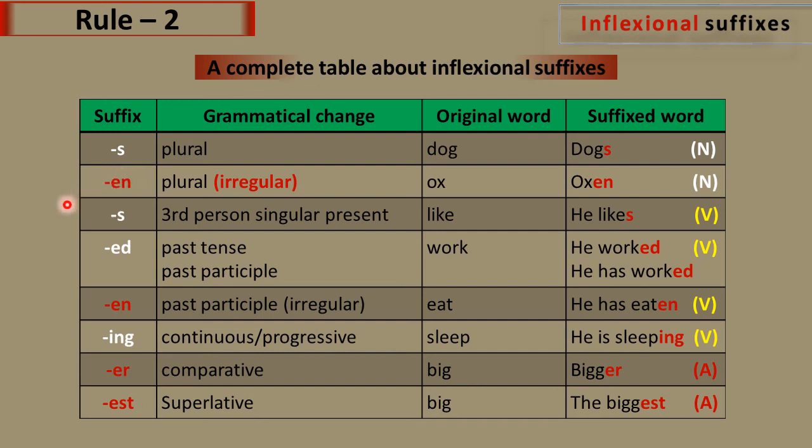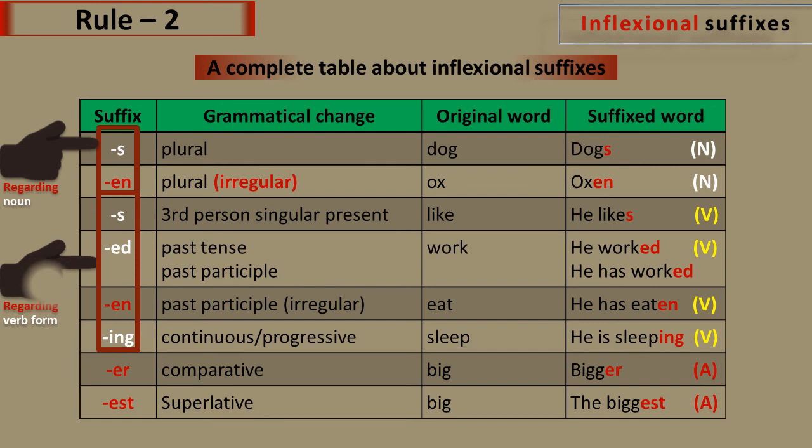Before going to learn this, let us try to understand these inflectional suffixes in another manner. Coming to the first set, these two inflectional suffixes are all about nouns only. The second set of inflectional suffixes are all about verb forms only.